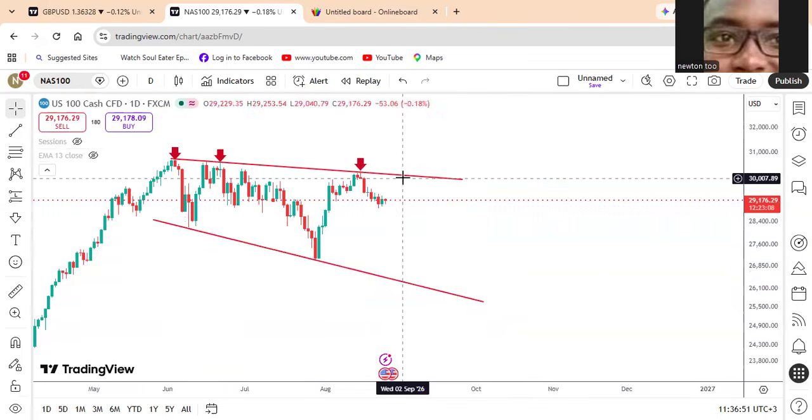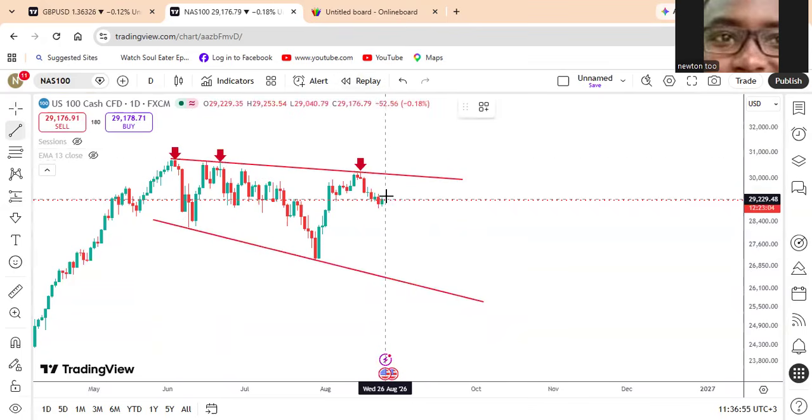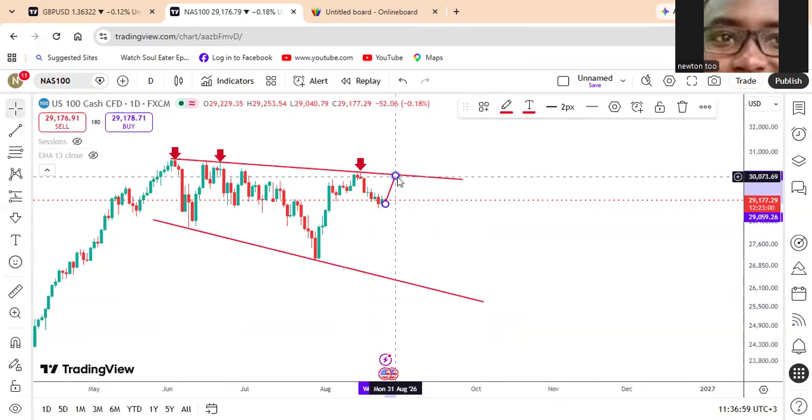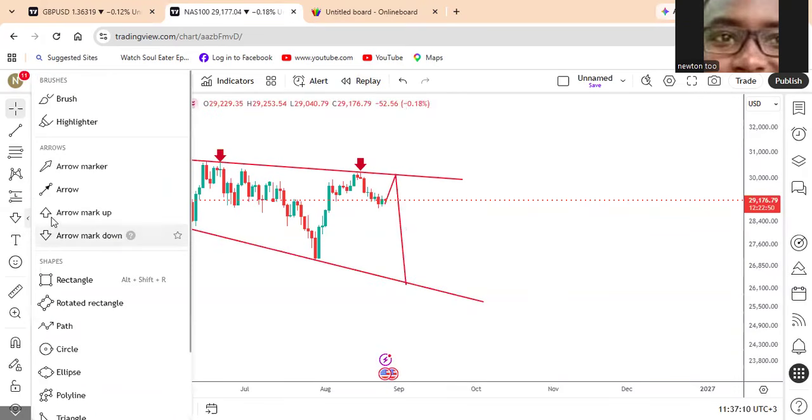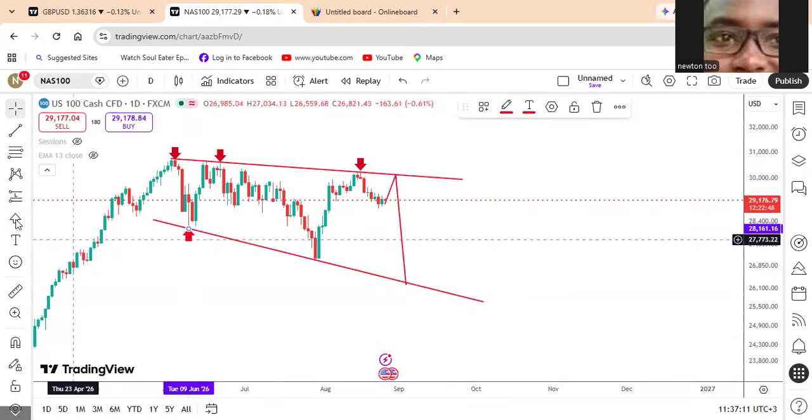So on this Nasdaq market, if the market will give me another chance to go to this side here, which is my supply zone, then I'll be looking for a sell trade here to the downtrend. I'm going to take my TP here. But this is where I then look for another buy trade, which is here.